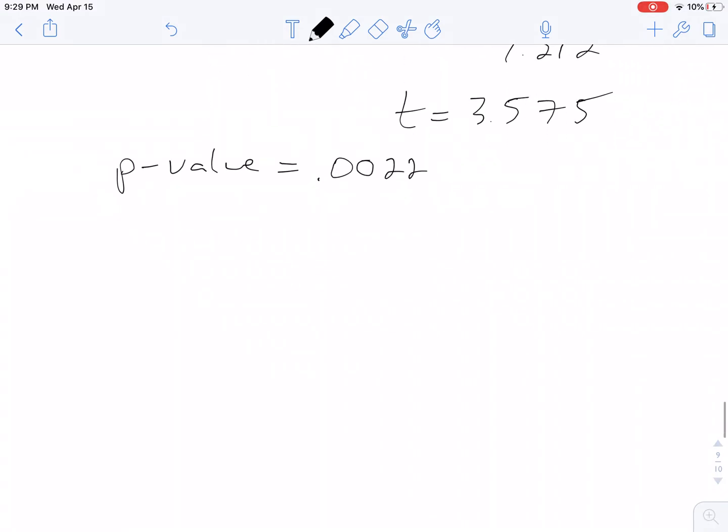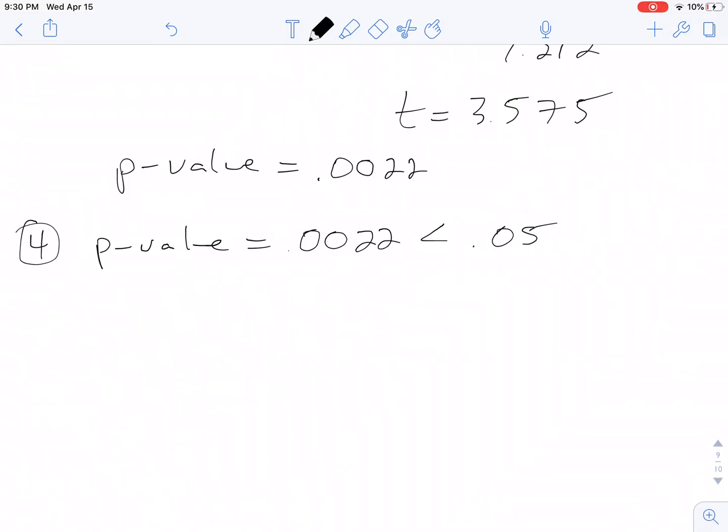So then I want to move on to step 4, where I compare that p-value to alpha. So my p-value equals 0.0022, which is much less than that alpha value of 0.05. All right, so my conclusion then is to reject the null.